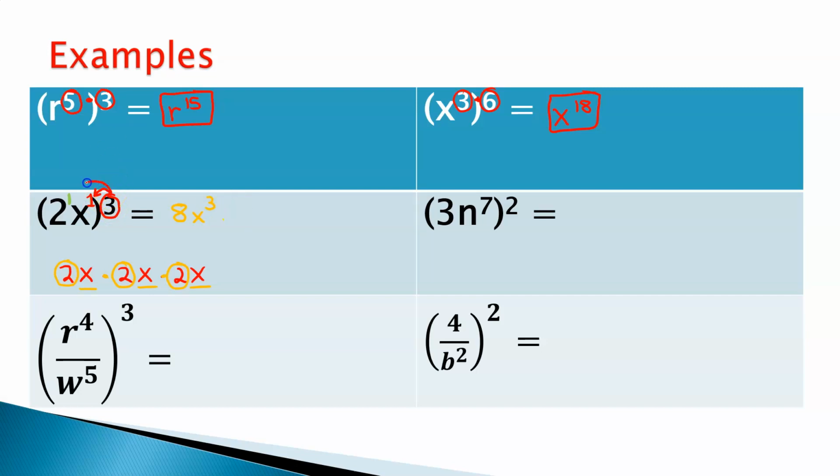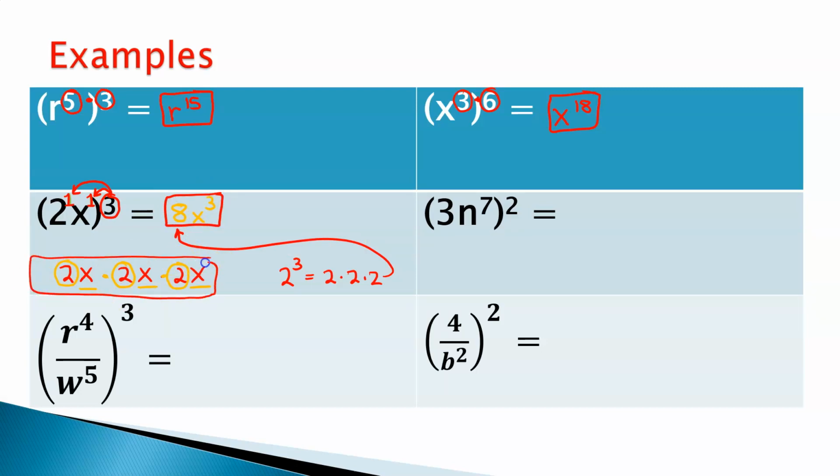And if you multiply that over here, 3 times the 1 on the 2, that would give you 2, and then 1 times 3 gives you 3. If you actually multiply that out, that's 2 times 2 times 2, 3 times, which is going to give you 8. So it's up to you how you want to look at it. A lot of people prefer to expand it out when it comes to these and then go through and multiply.